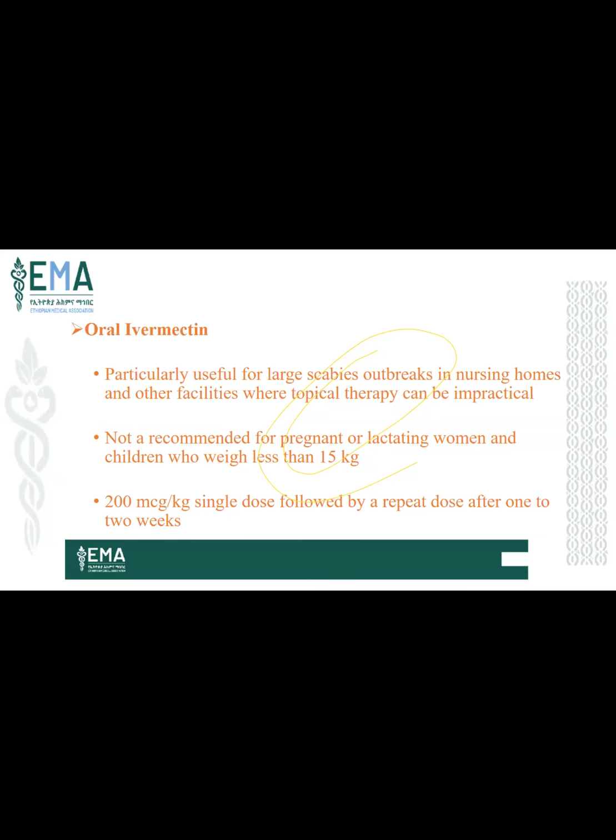It's not recommended in pregnant or lactating women, or in children whose weight is less than 15 kg. Oral ivermectin for classic scabies is given at a dose of 200 microgram per kg in a single dose, followed by a repeat dose after 1 week, since oral ivermectin cannot kill the parasite egg. So we should repeat it after 1 to 2 weeks in order to kill the newly hatched mites.